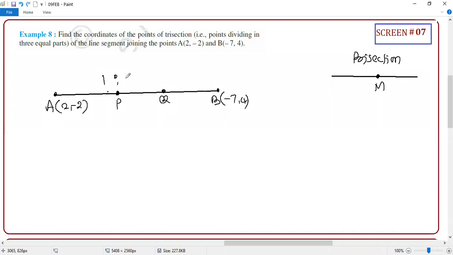The ratio is 1:2, even though they didn't give the ratio. Only for P, right, sir? Only for P. What about Q? Same way, this side 2 parts, this side 1 part. 2:1. Are you clear, guys?